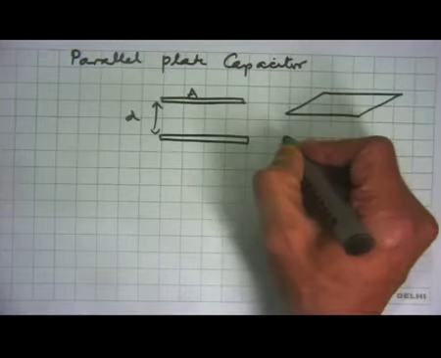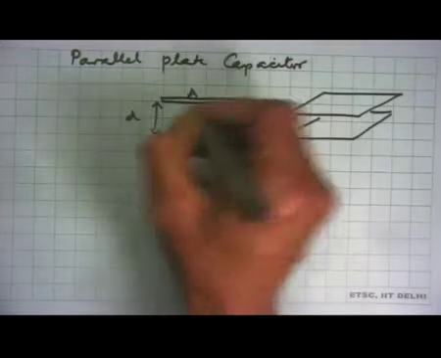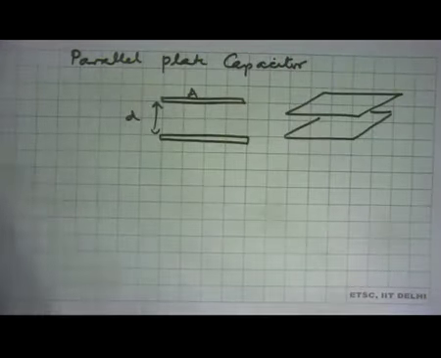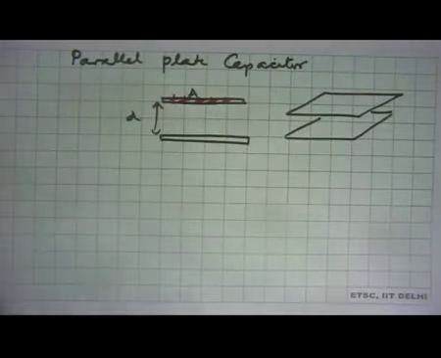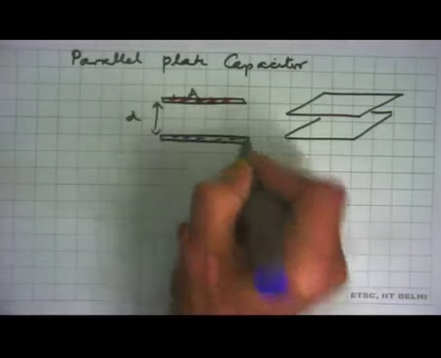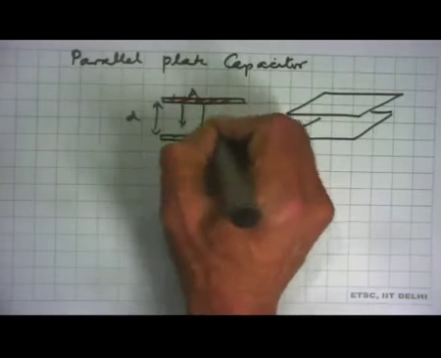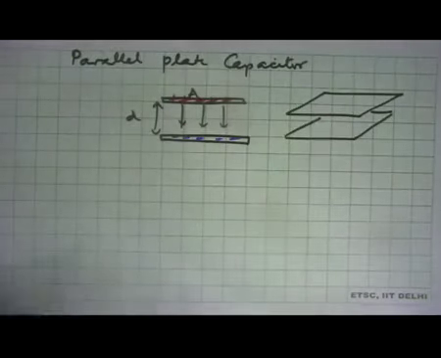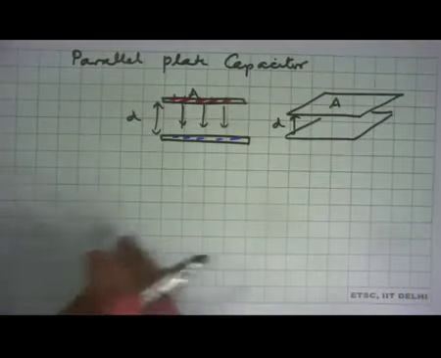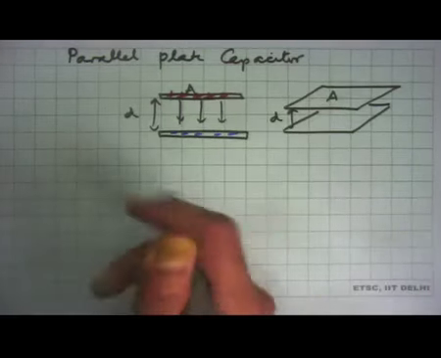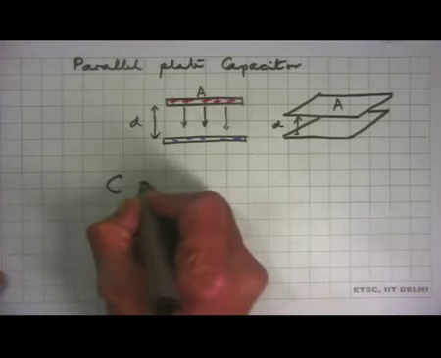There are two plates, one plate here and another plate, and you may have positive charges on the upper plate and the lower plate negatively charged, and in between these two plates there is an electric field pointing like this. The area of the plate is A and d is the separation. In this example the upper plate carries positive charge, the lower plate carries negative charge, and we had calculated the capacitance of this device.